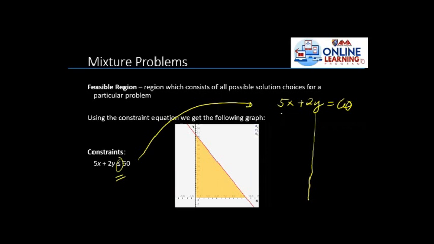Let's start with letting y equal to 0, for getting the x-intercept. Then ang kabila, x equals 0, for the y-intercept.